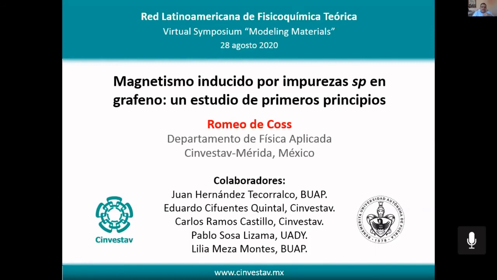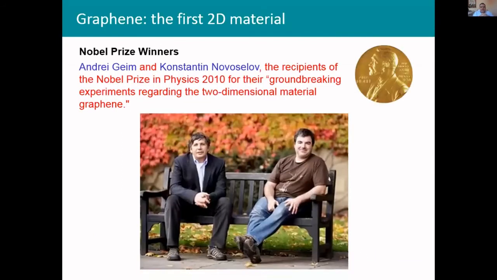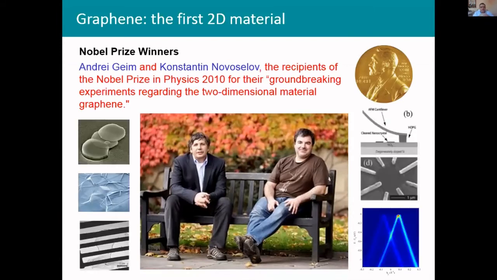So as is very common, this kind of talk about graphene starts with a mention of the people from Manchester producing and especially characterizing the spectacular or exotic properties of graphene, as we know, and Konstantin Novoselov, who reported for the first time in 2004, 2005, the first transport measurements and in general electronic properties of graphene.